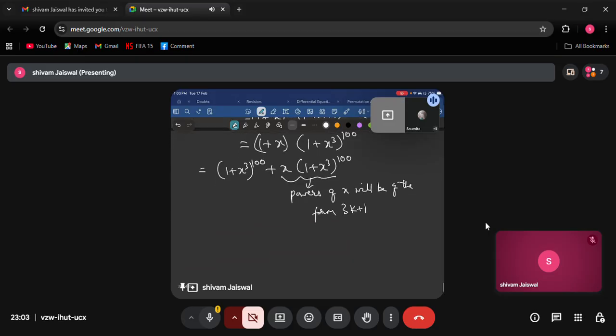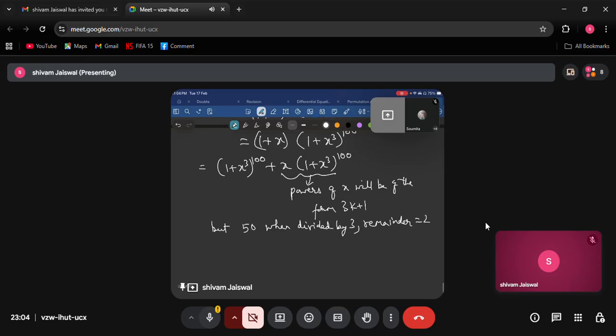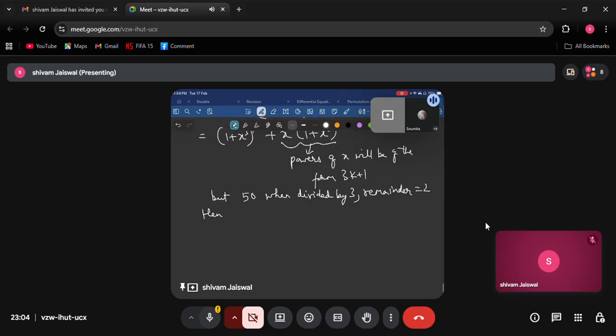But 50 when divided by 3, what is the remainder? Remainder is equal to 2. So can you get x to the power 50 in the second one also? No, sir. Hence, what is the coefficient of x to the power 50? 0.